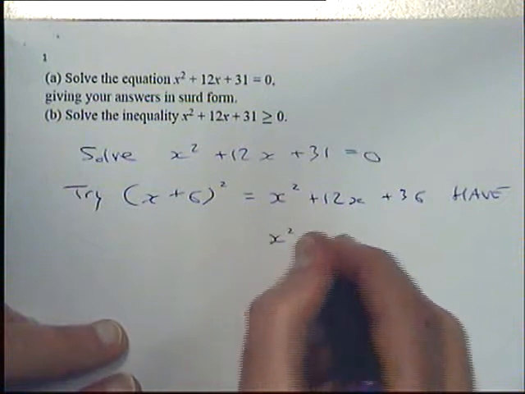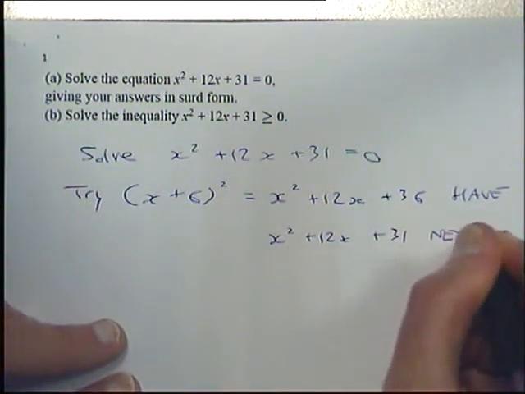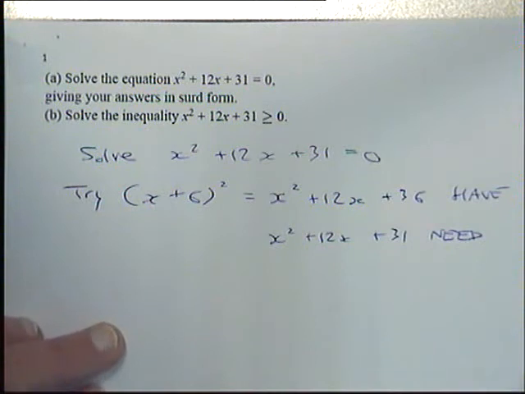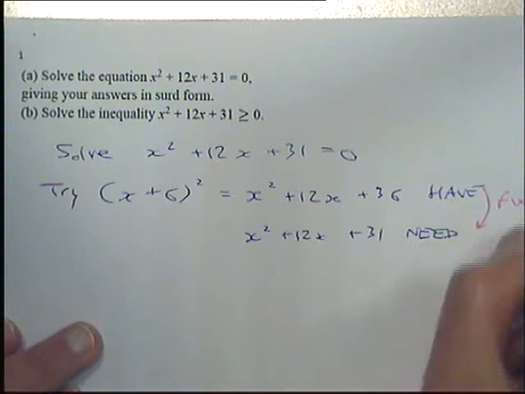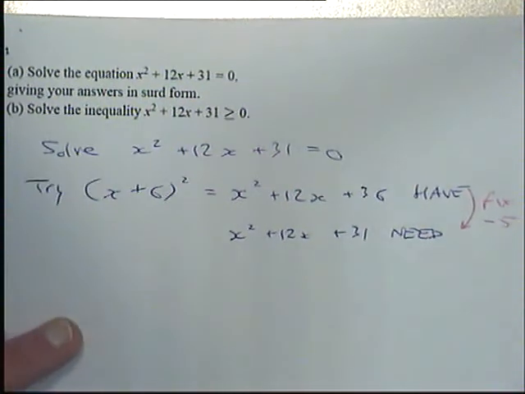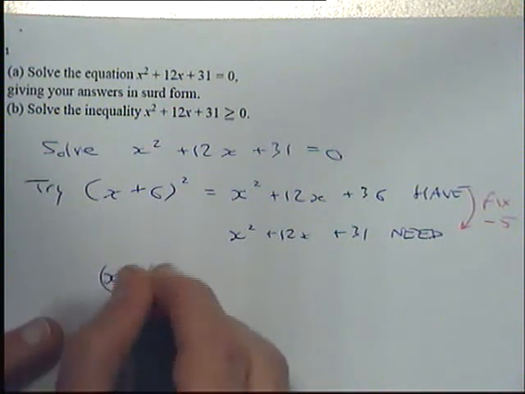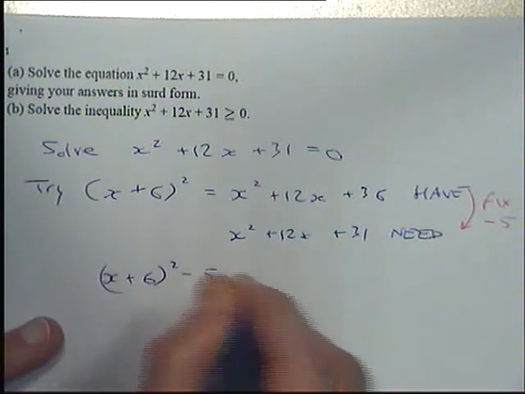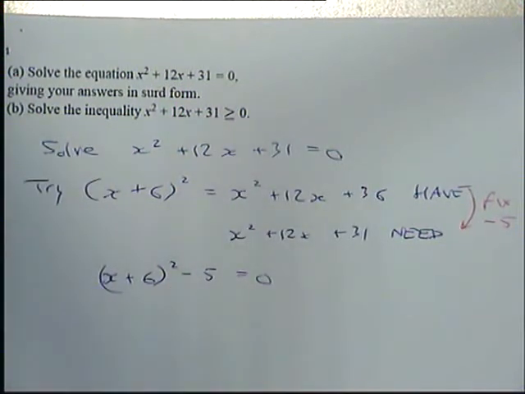What we need is x squared plus 12x plus 31. So our fix, what will our fix be? Minus 5. To get from what we have to what we need, minus 5. So that means it will be x plus 6 all squared minus 5 equals 0.